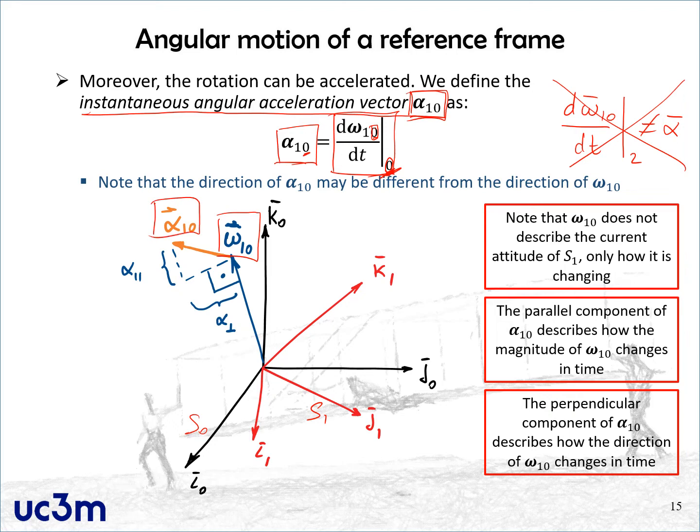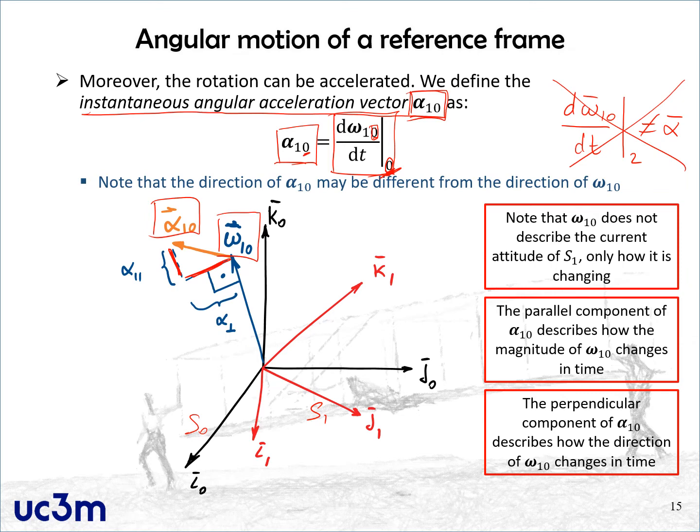So what does it mean for the evolution of omega? Well, we can decompose alpha in two components, a parallel component to omega and a perpendicular component to omega. The parallel component is related to changes in magnitude of omega, and the perpendicular component is associated to changes in direction, okay? So of course, alpha and omega do not need to be parallel. They can be anything, but the parallel and the perpendicular component have a clear interpretation, as with any other vector and any other derivative, okay?